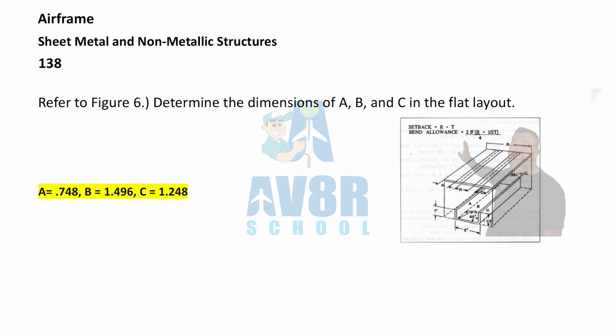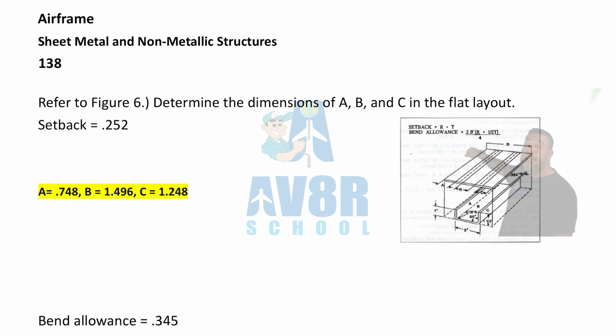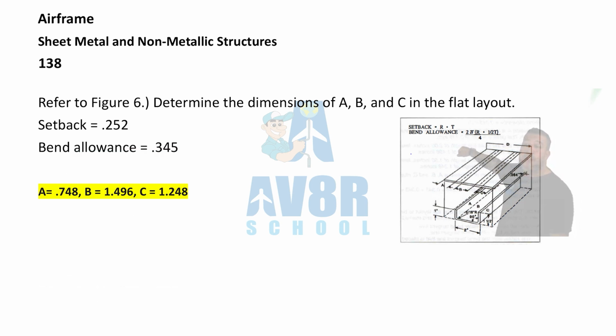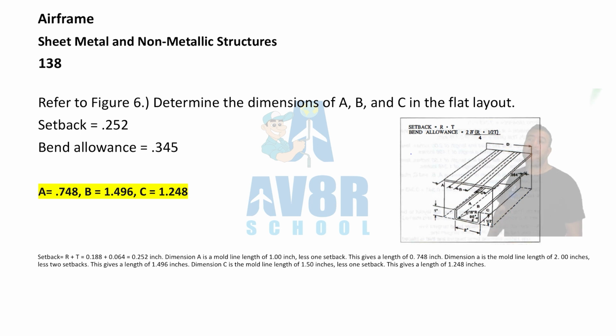When you're making A, B, and C, you need to find out how long it is. You need to know that you can measure it out. A is 0.748, B is 1.496, and C is 1.248.